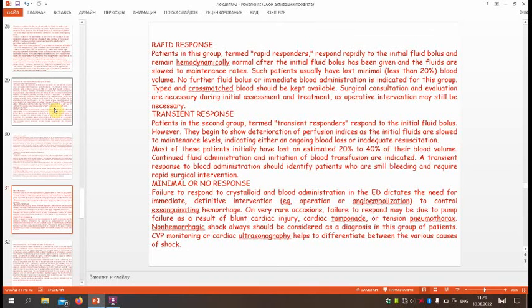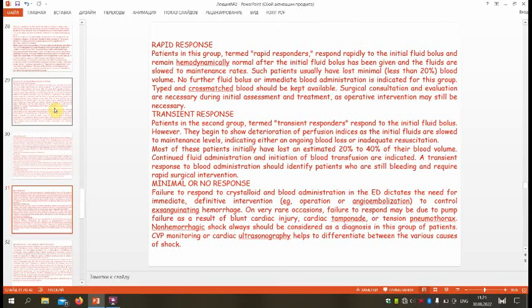Most of these patients initially have lost an estimated 20% to 40% of their blood volume. Continued fluid administration and initiation of blood transfusion are indicated. Transient response to blood administration should identify patients who are still bleeding and require rapid surgical intervention.